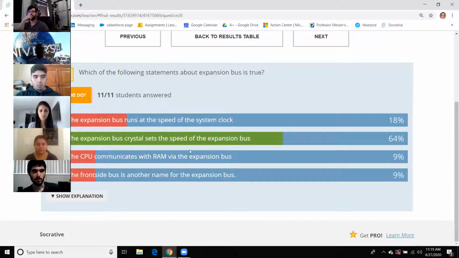Correct. It is the expansion bus crystal, the one that sets the speed for the expansion bus. Whoops, I misread the question. That was what we were reviewing, that the expansion bus has its own crystal, while the bus also has its own.